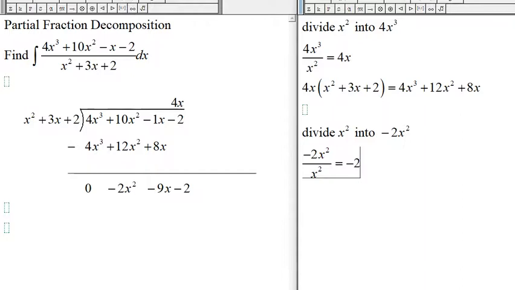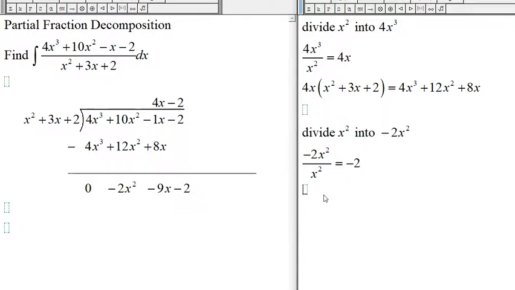And this will be negative 2. And then we place the negative 2 right here. And then we need to do negative 2 times this, and then subtract the result from this.